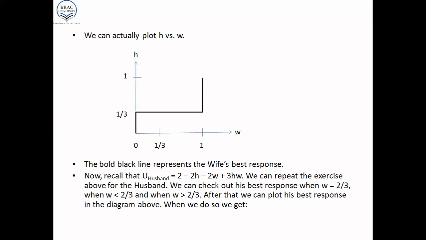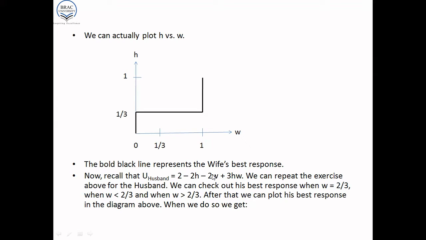Why 2/3? Because 2/3 is a special value of W, which causes H to vanish. In this expression, if you replace W by 2/3, you will get plus 2H and minus 2H, so the H vanishes.